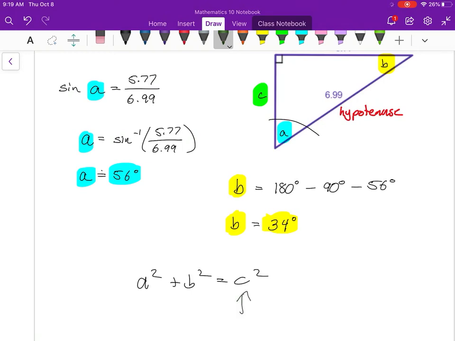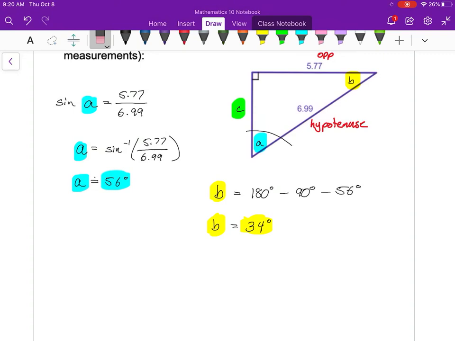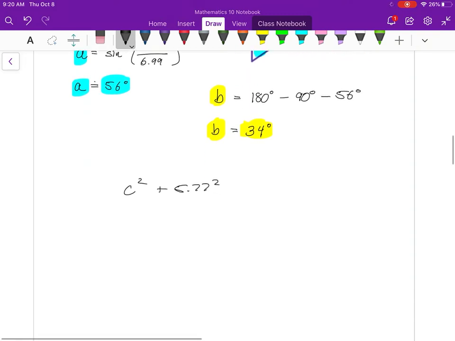Hypotenuse is 6.99. I know the hypotenuse. A and B are just the other two sides. I can't get too hung up in the exact variables, right? So for this, I know 6.99 is a hypotenuse. I know 5.77 is another side. Let me just make this a bit neater.